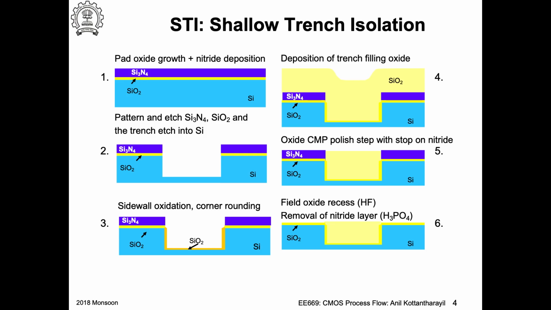Okay, so you need to etch the 150 nanometer of oxide, and then 150 nanometer of the nitride, 15 nanometer of pad oxide, and then 400 nanometer of the silicon. As I mentioned before, all these numbers will depend on the technology node and the particular manufacturer and their device designs and so on.